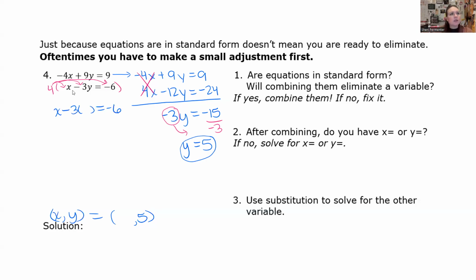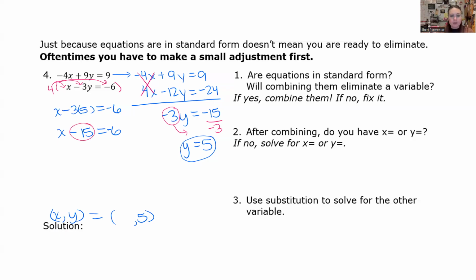So I rewrote this equation and I leave myself a space for the y. I'm going to substitute for the y. I'm going to substitute 5 and I'm going to put it in that blank. Well, now I need to get rid of those parentheses. Negative 3 times 5 is negative 15. And I have just one step to get the x by itself. What do I need to do?